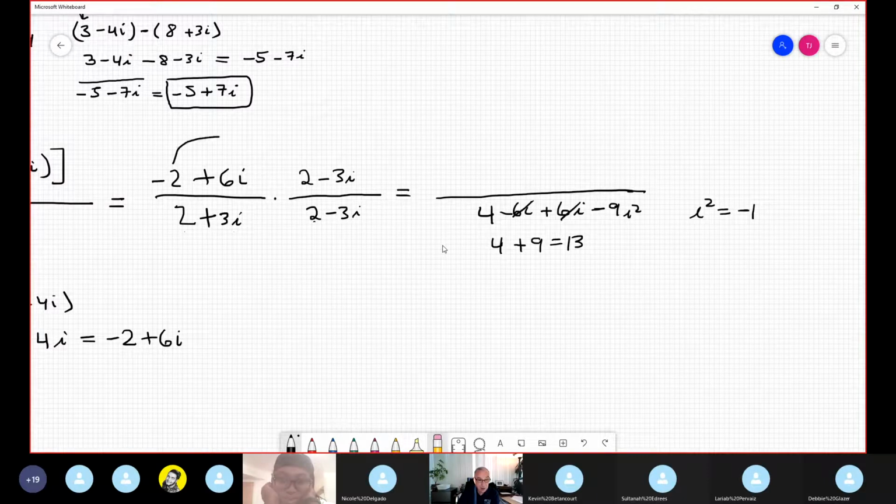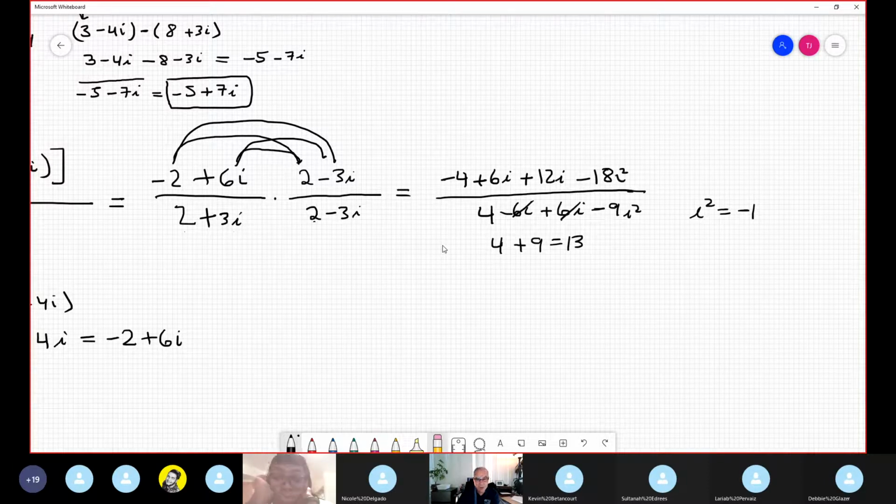So it's negative 2 times positive 2 is negative 4. Negative 2 times negative 3i is positive 6i. Positive 6 times 2 is 12, positive 12i. And finally, 6i times negative 3 is negative 18i squared.